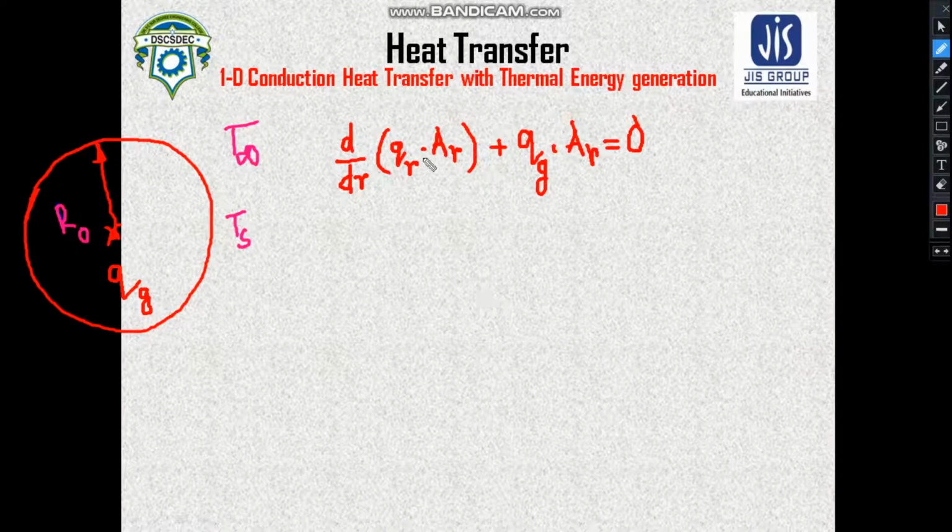So from the basic understanding of the one-dimensional steady-state conduction equation, we can write this basic formula here. This is because of the heat transfer, and this is because of the heat generation or the thermal energy generation.